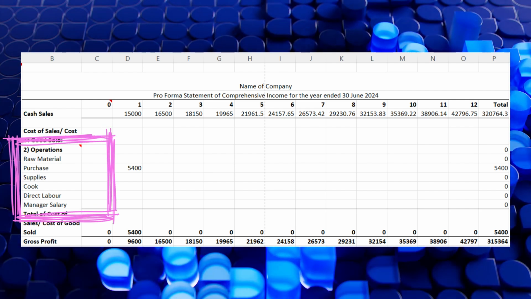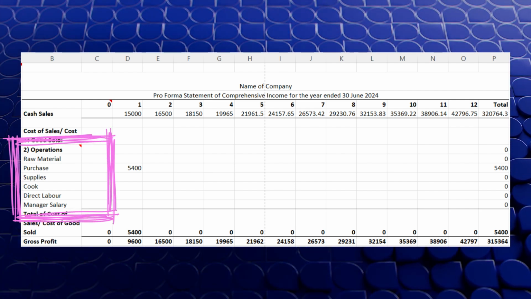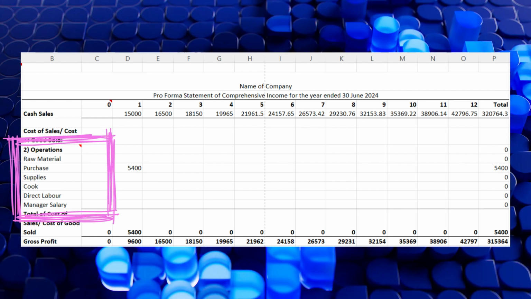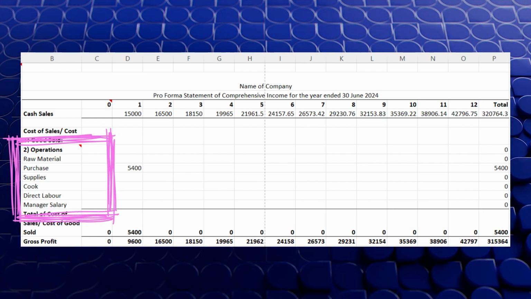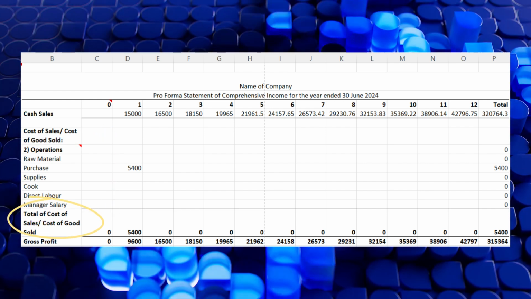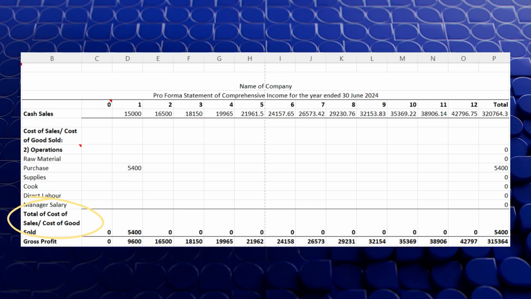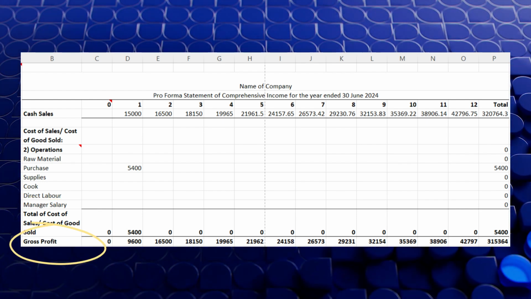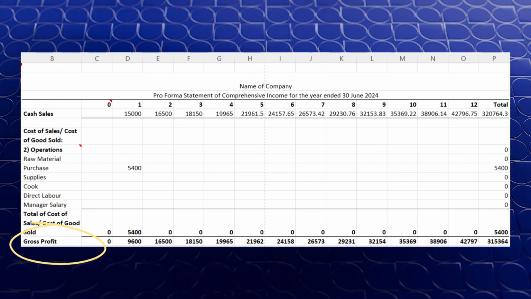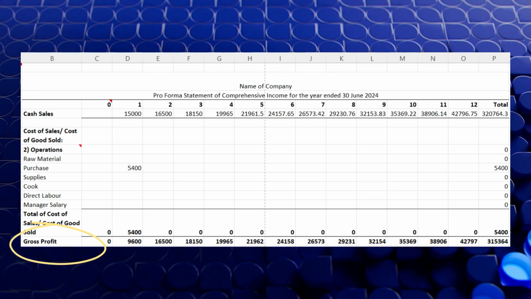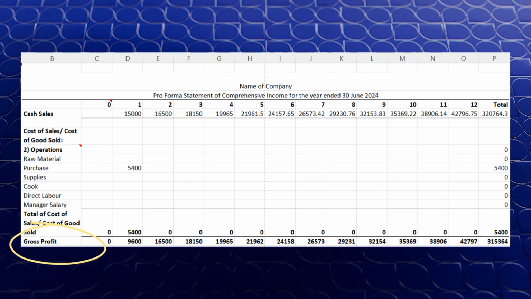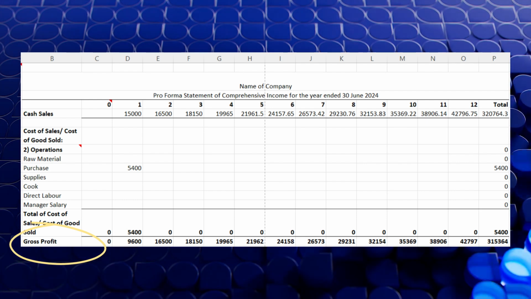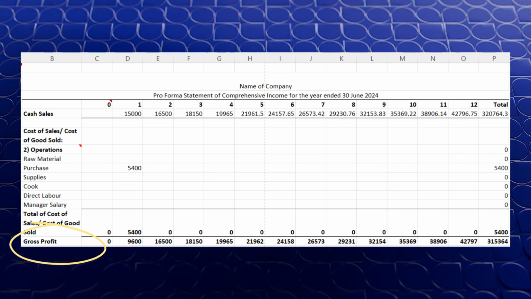Again, you may copy this data from the previous PFCF sheet. The total cost of sales, or cost of goods sold, and the gross profit are automatically generated. However, you have to remember sales minus COGS is equal to gross profit.